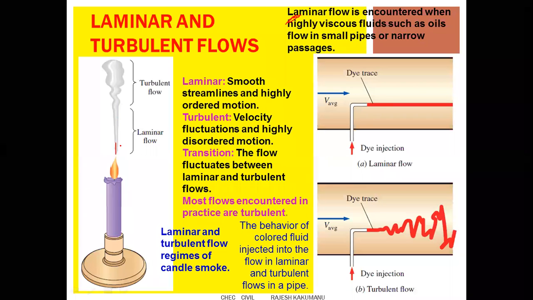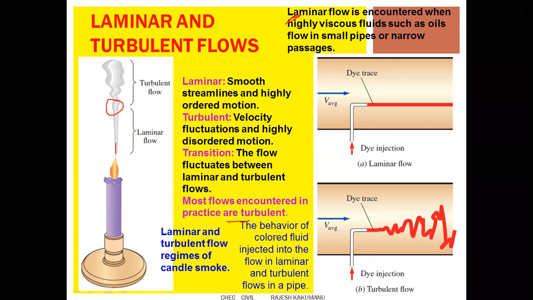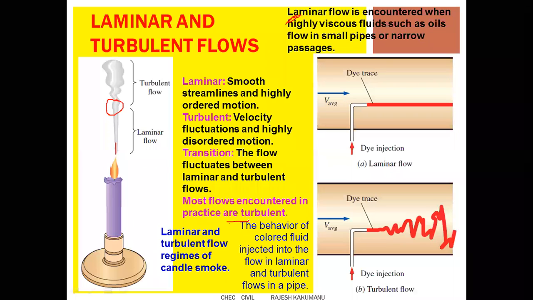When the transformation happens between the laminar flow and the turbulent flow, that thing we are calling a transition flow. Most flows encountered in practice are turbulent. So theoretically we say one thing, but practically we can say that most of the flows which are encountered in real time practice are turbulent, right?